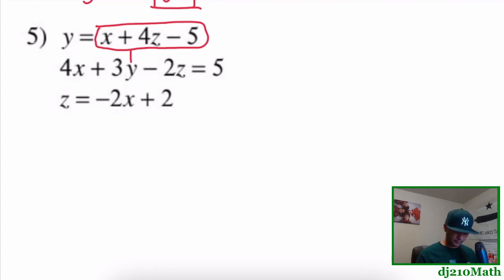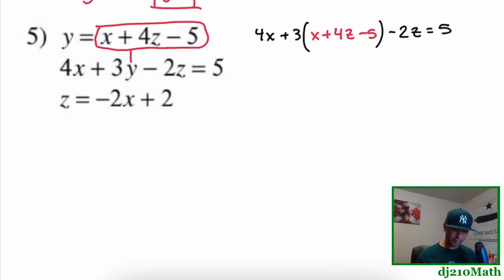This is going to be 4x plus 3y, which is x plus 4z minus 5, minus 2z equals 5. My bad. All right.